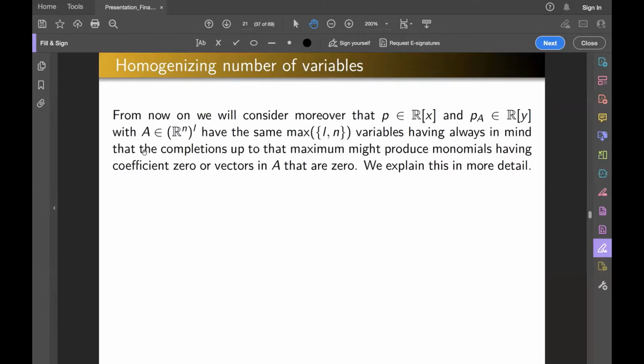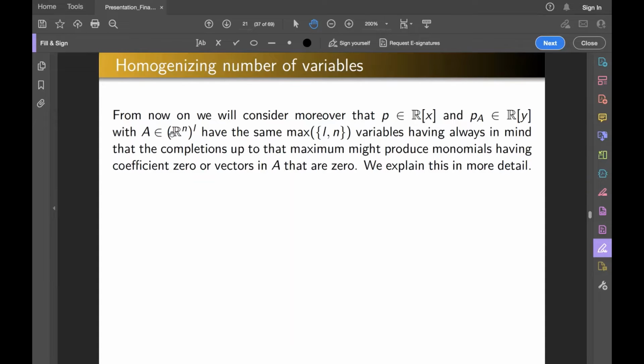Okay. Another thing that we are going to do is that when we have a restriction of a polynomial, we are going to consider that they both have the same number of variables, either augmenting the number of variables of the restriction, adding 0 coefficients if necessary, or augmenting the number of variables of the initial polynomial.